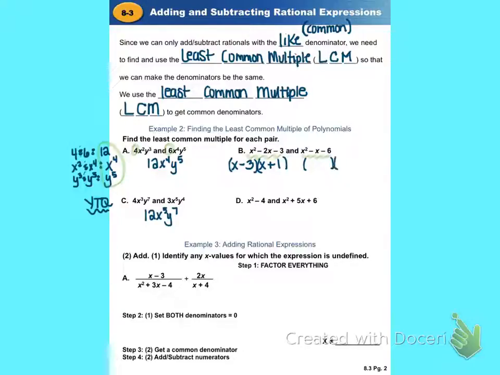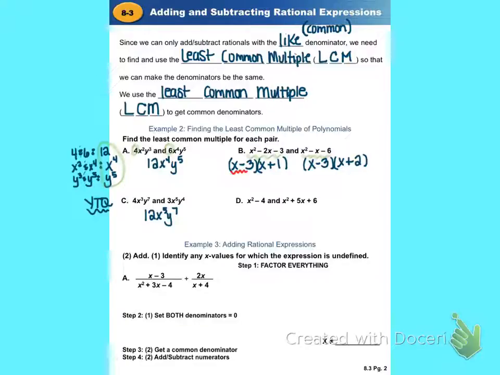So the two binomial factors both start with x, and they'll end with factors of negative 6 that add to negative 1. So I thought right away of negative 3 and positive 2. Negative 3 times positive 2 is negative 6, and negative 3 plus positive 2 is negative 1, which is that middle term.